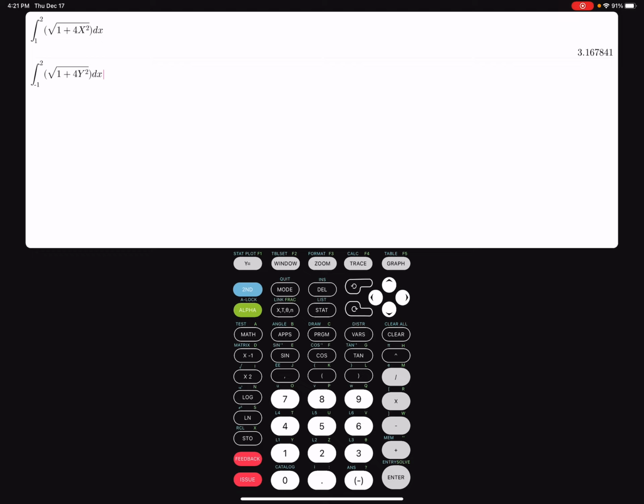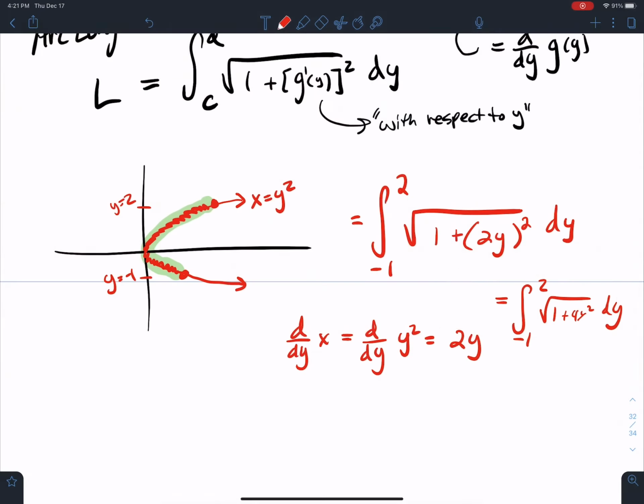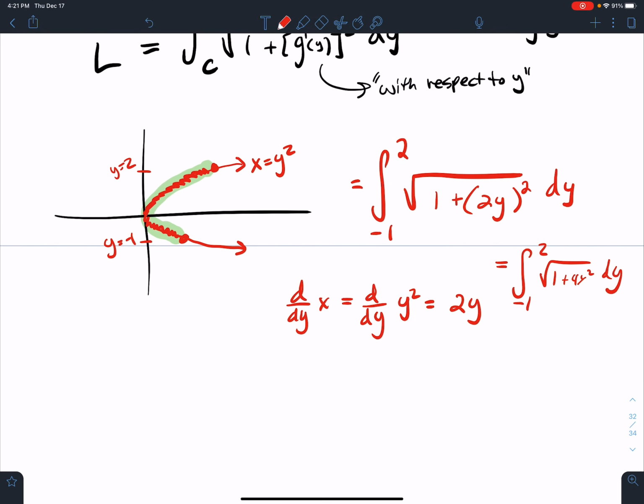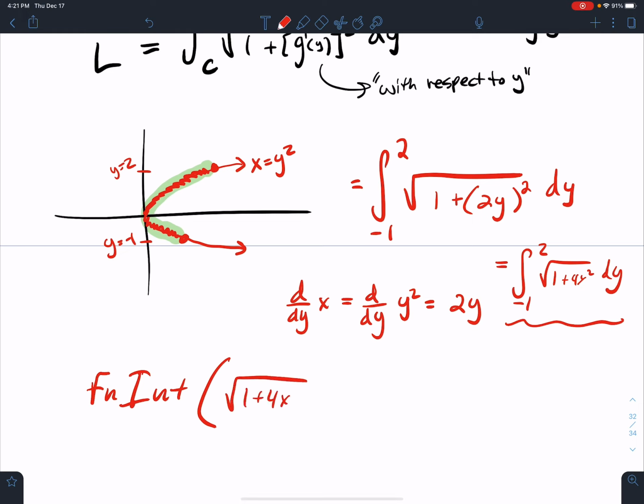My calculator doesn't let me use y, but you can use that y as a dummy variable and just use x again. When you type this into your calculator, you can use fnInt. If you're more comfortable using x's, that's fine, just be consistent: 1 plus 4x squared, comma, x.